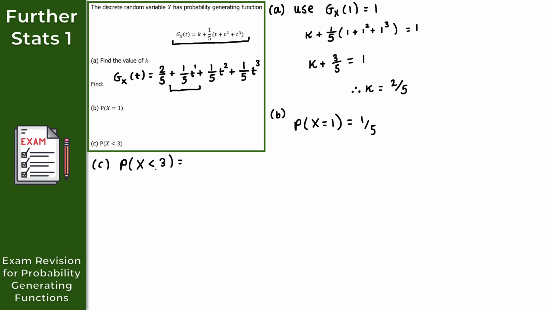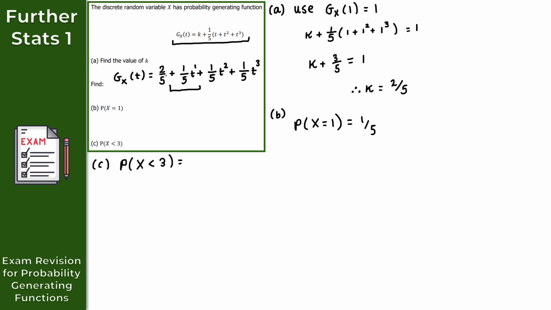So what I'm looking for now is any term where the power of t is less than this number here. Notice this is a strict inequality. So what terms would that correspond to? Well, it won't be this term here because the power is 3. We want strictly less than 3, so it won't be this one, but it will be everything else because this power is 2. This power here is 1.